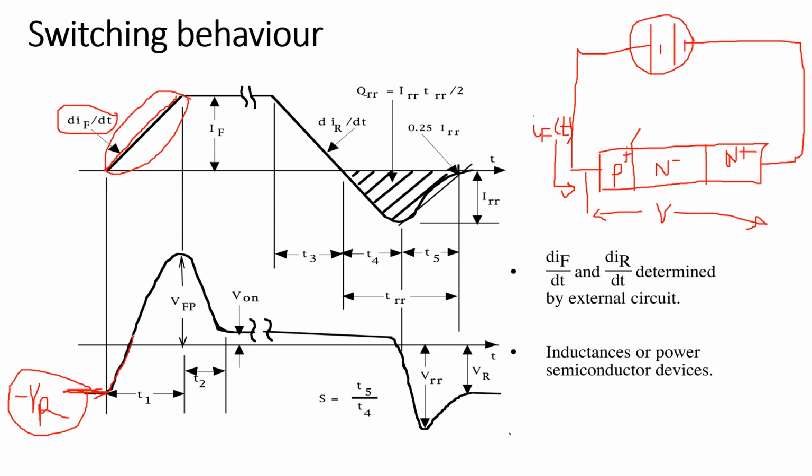Okay, now in an ordinary diode, when the diode becomes forward biased, it just goes like this. Okay, so it does not show this peak behavior, right? But in a power diode this behavior is observed.